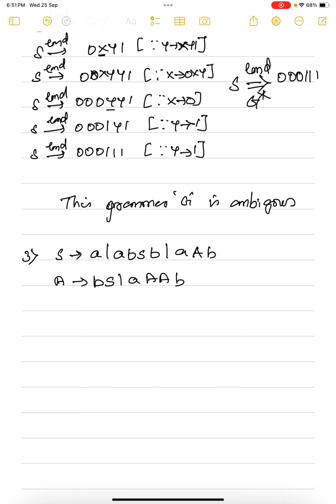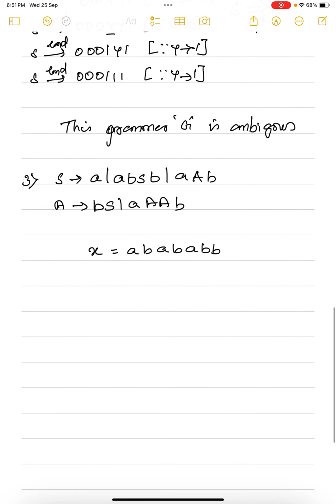The grammar is S goes to a or aSb or ab, A goes to AS or AB. And your string is abababb. Check whether the above grammar is ambiguous or not.